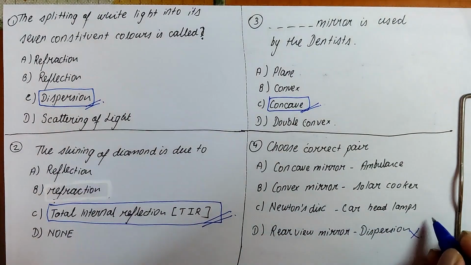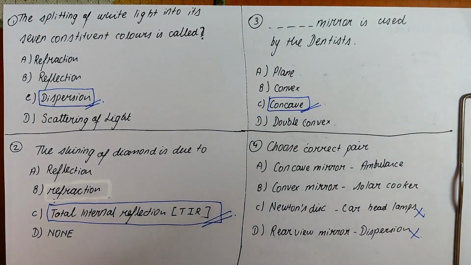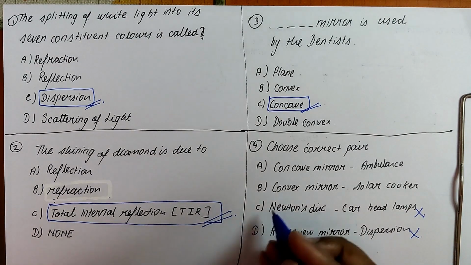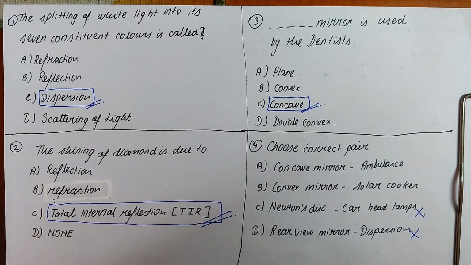Neither is this, because car headlamps require a concave mirror, and Newton's disk is not a mirror, it's just an object, a disk with all 12 colors in it, which is not the correct pair.